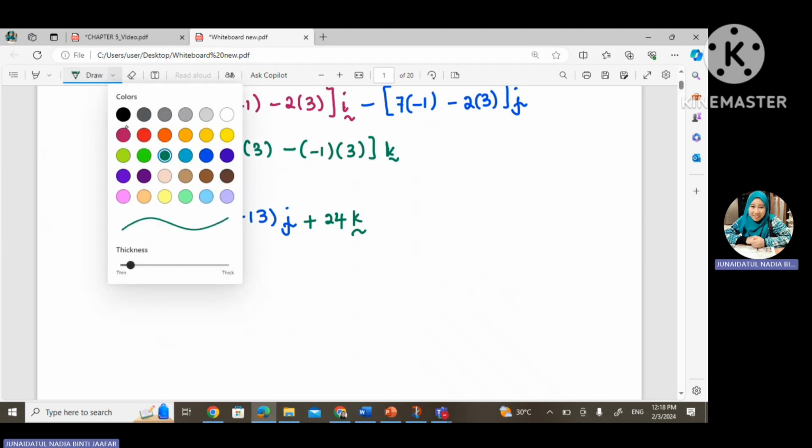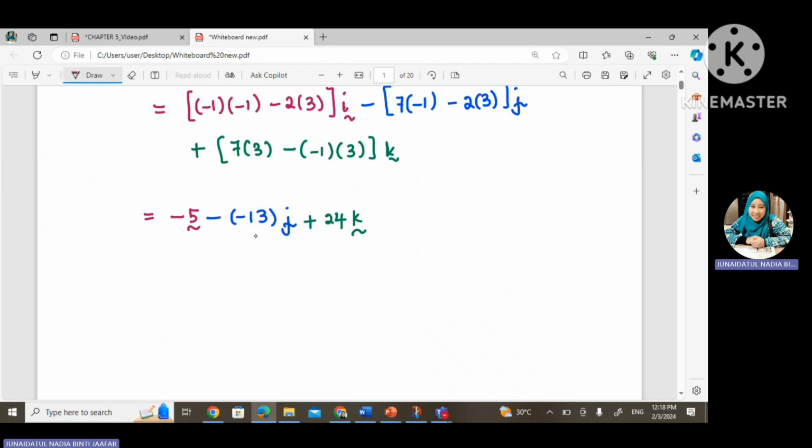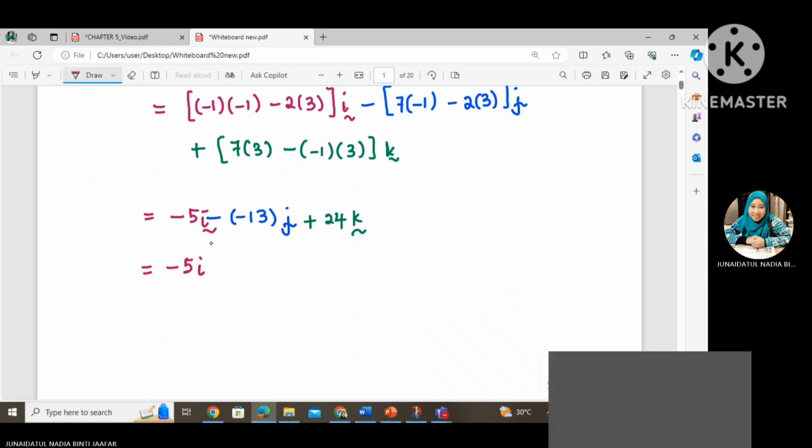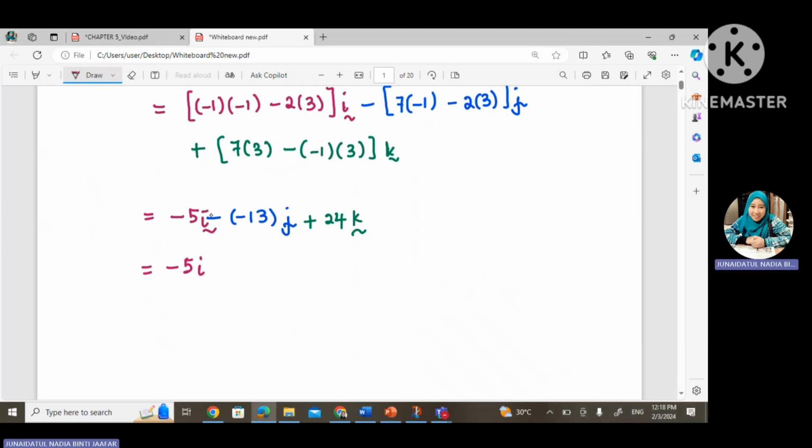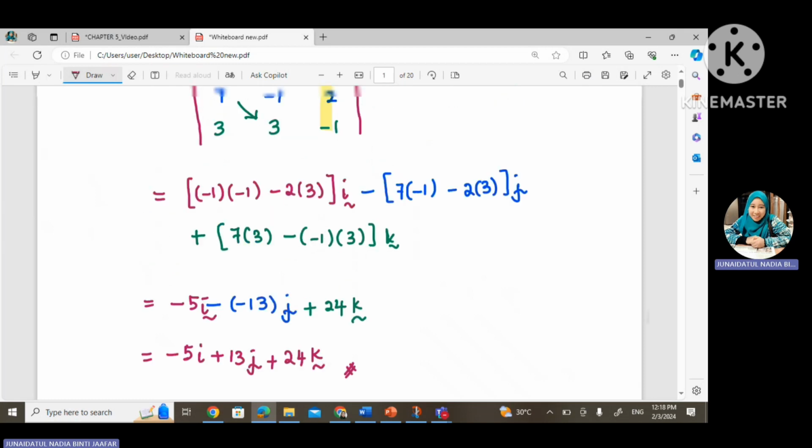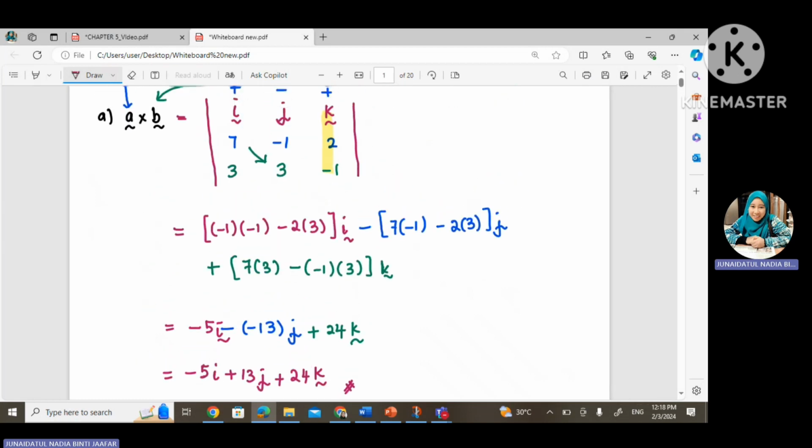For the last step, we simplify the answer. So we have negative 5i, plus 13j, plus 24k. This is the answer for A cross B.